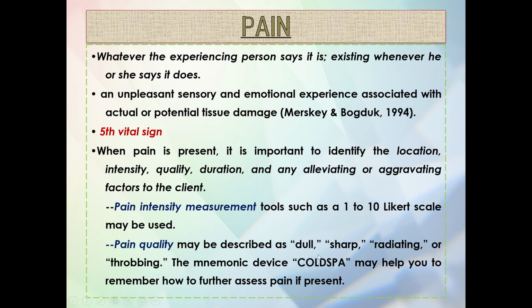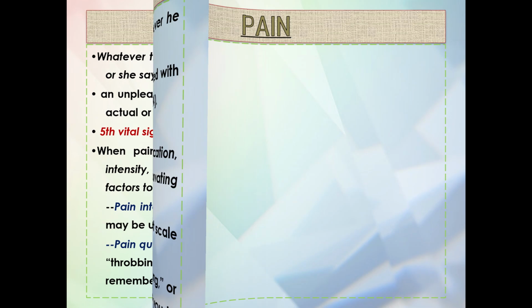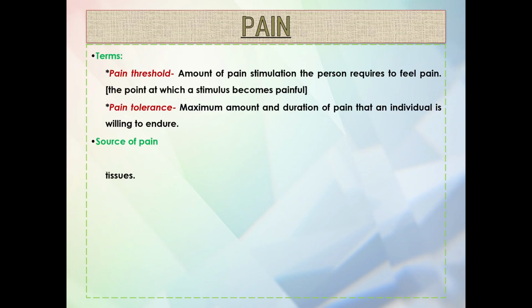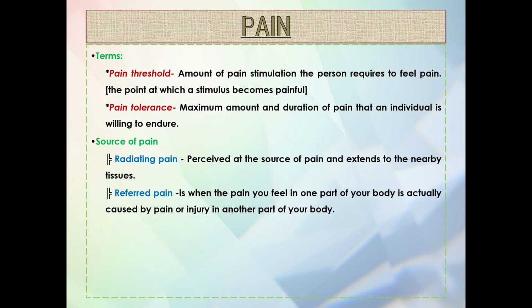Pain quality naman may be described as dull, sharp, radiating, or throbbing. So yan yung pwedeng maging description ng patient when it comes to the quality of the pain. And then we have the mnemonic device COLDSPA, which can help you to remember how to further assess pain if present.